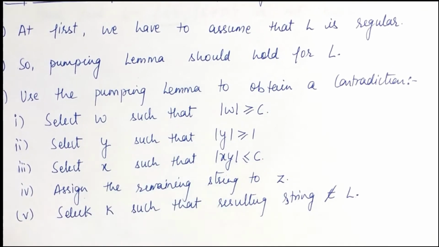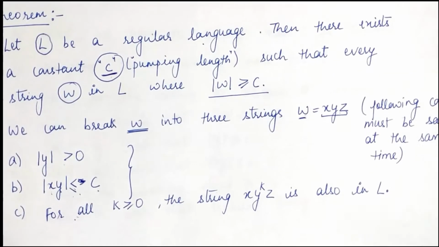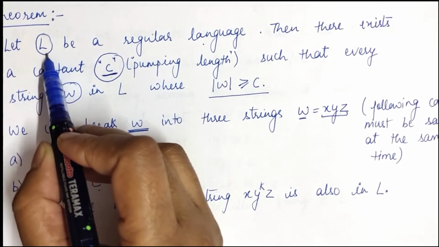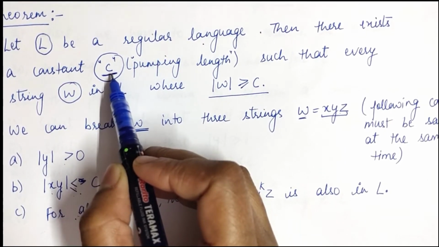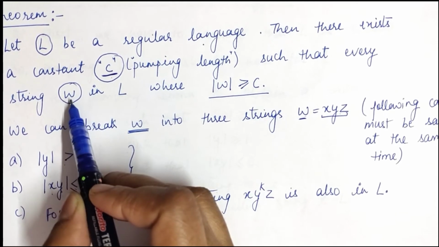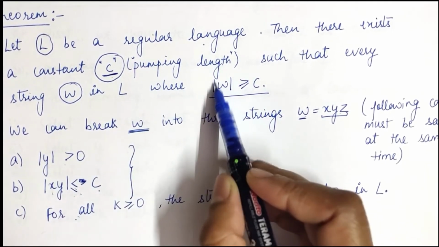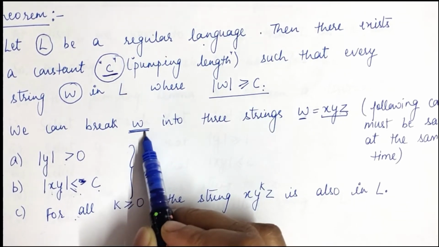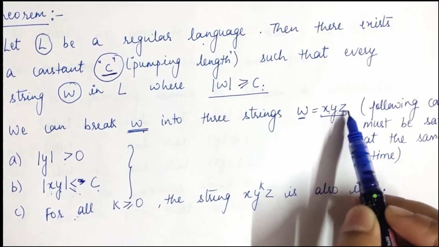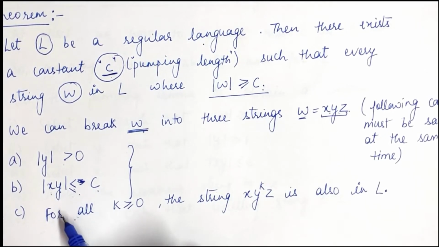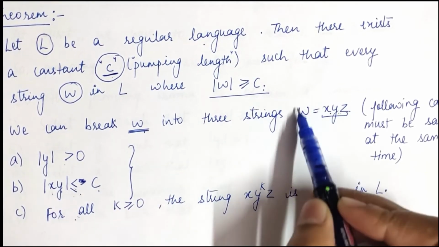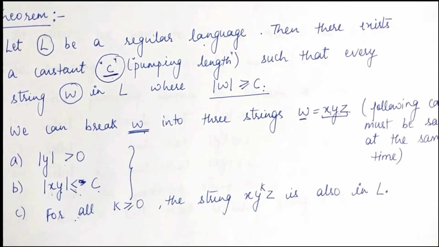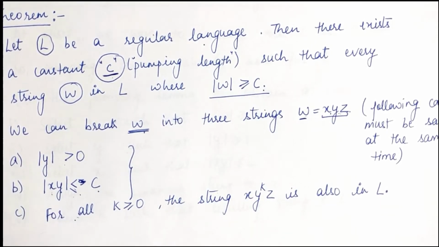What is W? See here in the theorem we already discussed that if L is a language, we have a pumping length, that is a constant C. We have a string W whose length is greater than or equal to C. Then we break this W into 3 sections X, Y, Z, and check whether this string W satisfies the following 3 conditions at the same time, then the language is regular.